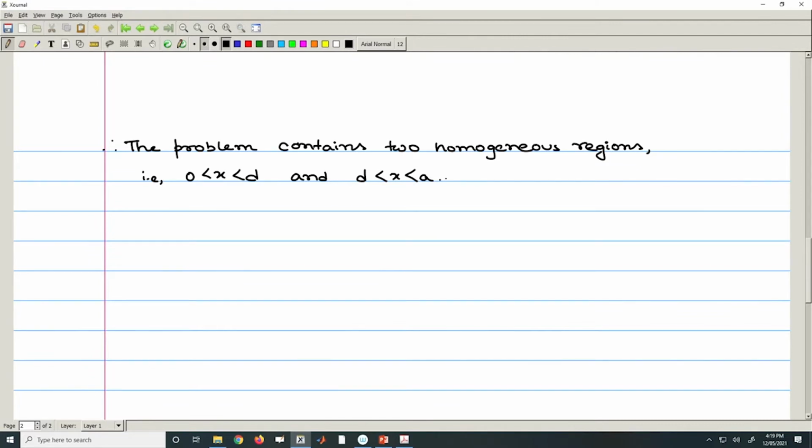Now, such problems can be solved by finding solutions in each of the regions such that the tangential components of E and H are continuous across the common boundary.